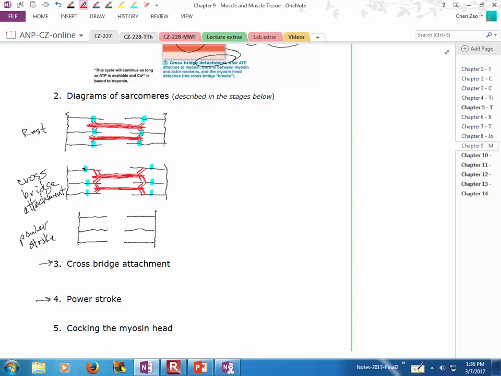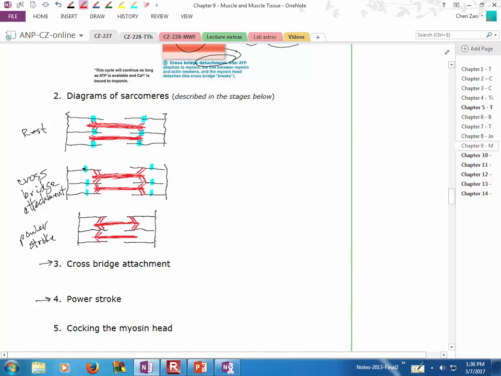And my myosin's going to be easy because I can just look up above and make it about the same length as I had it in my drawing above. And I'm going to now do an opposite angle of my myosin heads on my actin, because I just want to reinforce the power stroke.